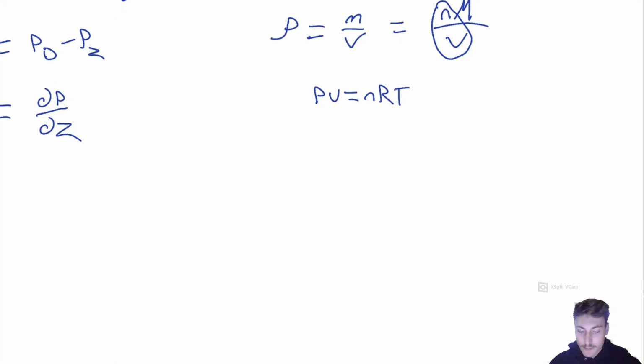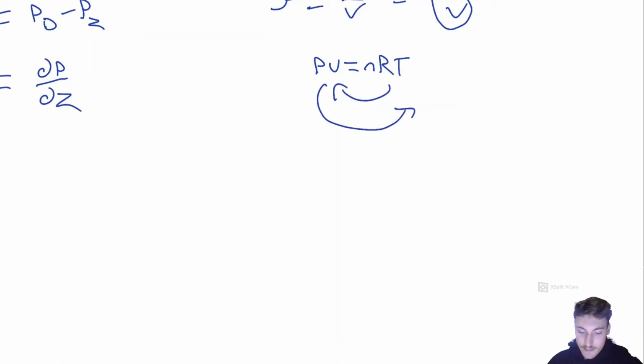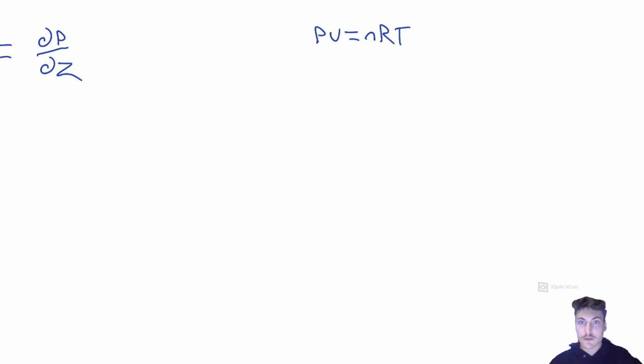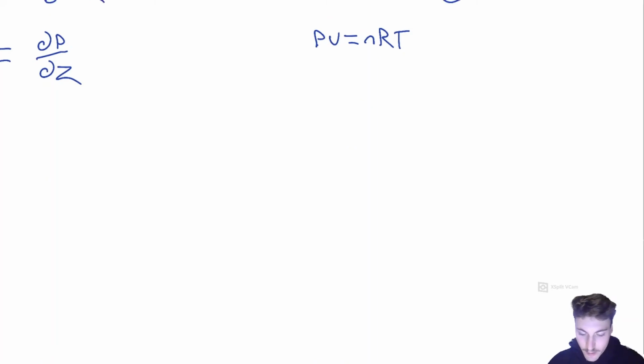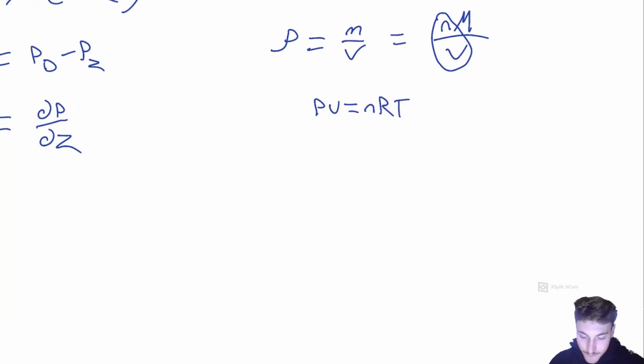We move this over, and then move the V over the N. Okay, I was doing that wrong. To get N over V, we move this RT over to the other side.